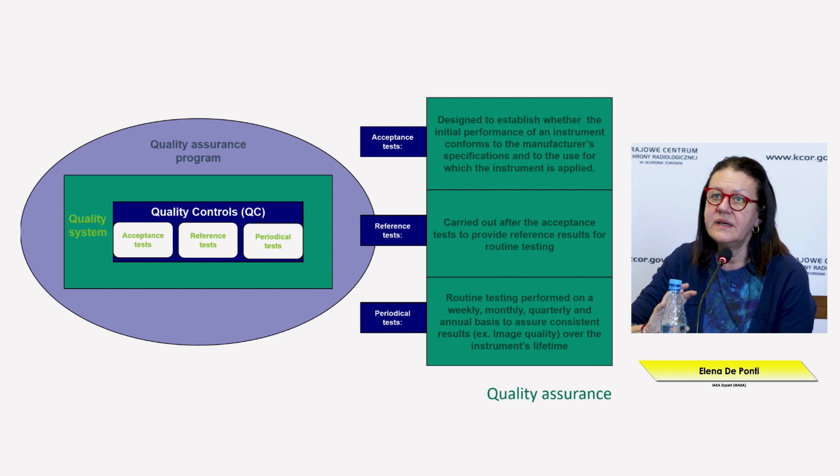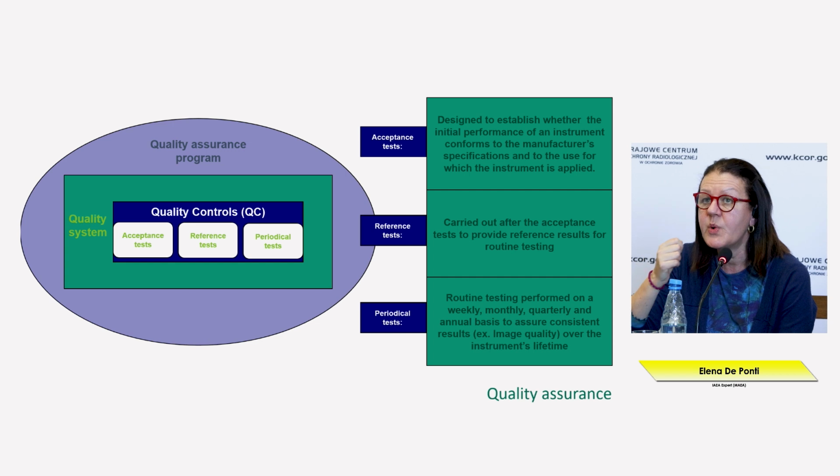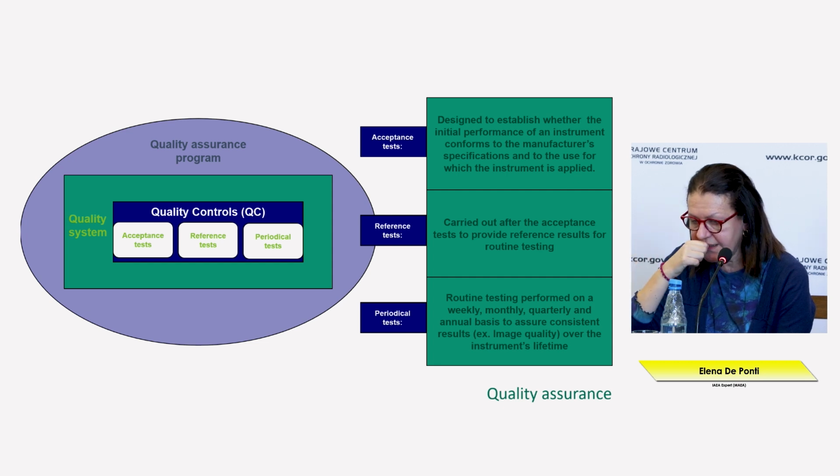And within the concept of quality assurance, we have the quality system. That means that we have to set some procedures to decide how the workflow of our patient in the department is organized.